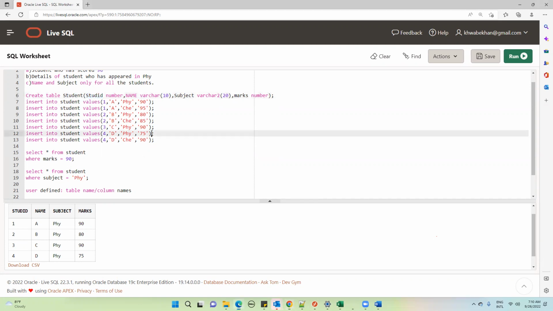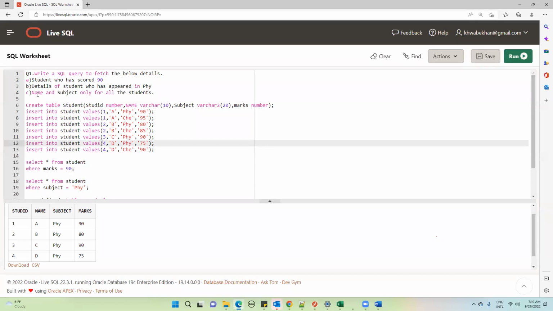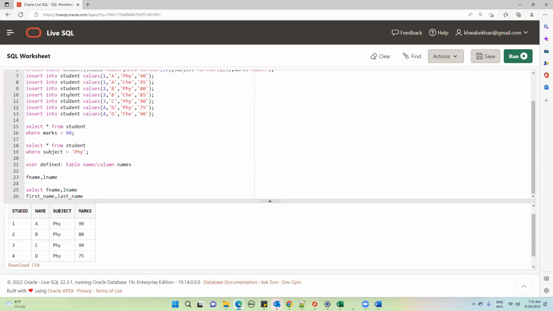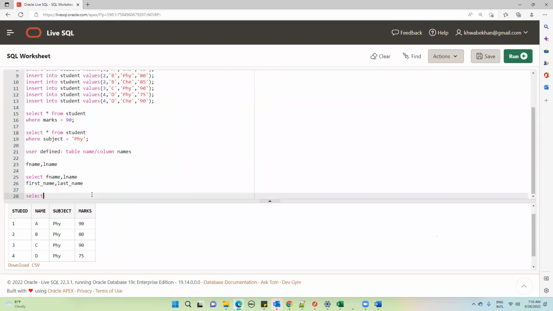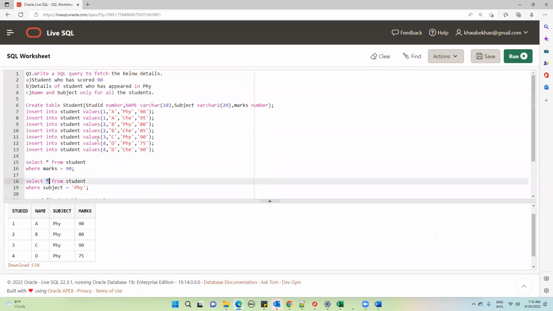Fine. So now coming to question C: name and subject only for all the students. In question C, we are not interested in student ID and marks. We just want to see name and subject. If you remember, in the last class I mentioned that you can customize it. If you're not interested in all the columns, don't write a star. Just write the columns you're interested in.